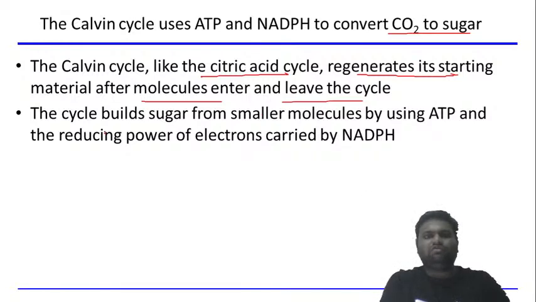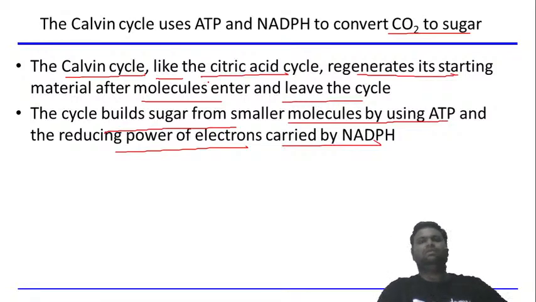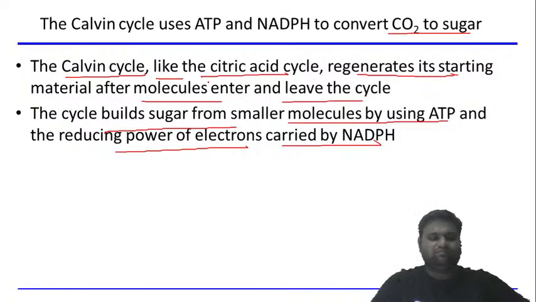The cycle builds sugar from smaller molecules by using ATP and reducing power of electrons carried by NADPH. तो यहाँ पे शुगर मॉलिक्यूल्स का बिल्डअप स्टार्ट होता है by using ATP and reducing power of electrons carried by NADPH.